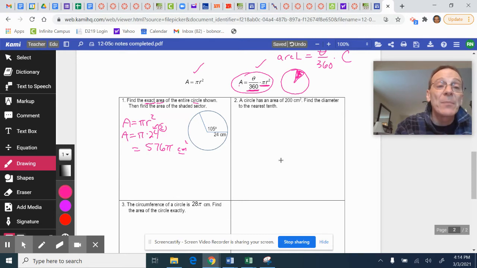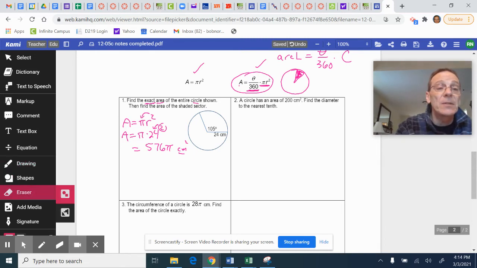And we should not be squaring the pi. That's not what the formula says. The formula only says to square the radius. So once we've squared the 24, that square shouldn't appear among the numbers anymore, only by the units. All right? So that's about as easy as these kinds of problems come.